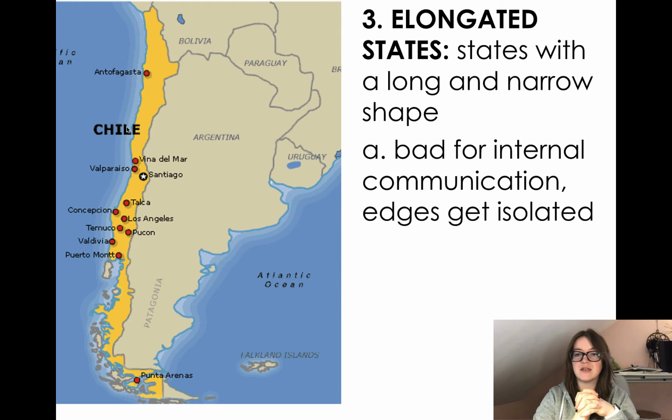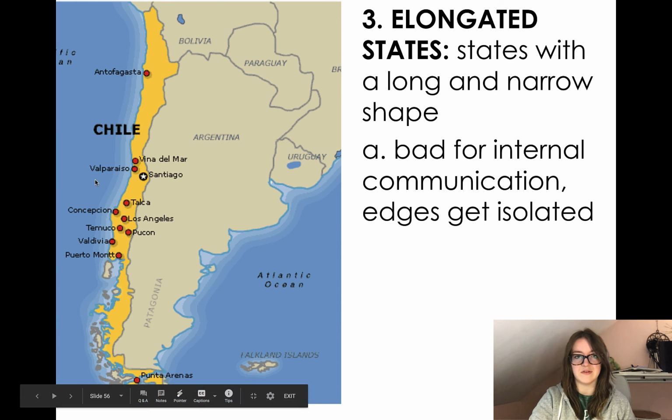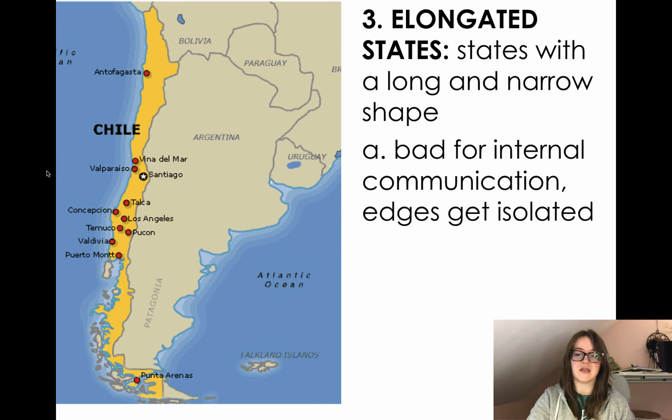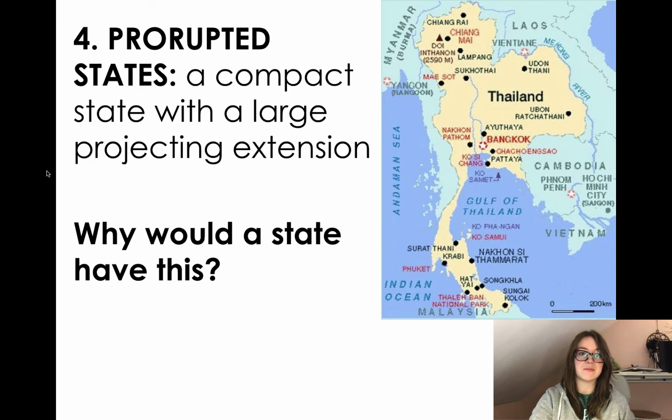But this is a state with a long and narrow shape. As the name suggests, it's elongated. It is really bad for internal communication because the edges tend to get isolated. Especially if we think about where our capital is. If it's in the middle, it's still difficult to get to either end. If it's on one end or closer to one end, then it's going to be really, really far to get anywhere else. So it's difficult for communication and potentially for governing.